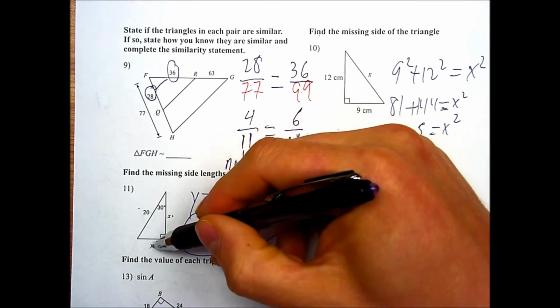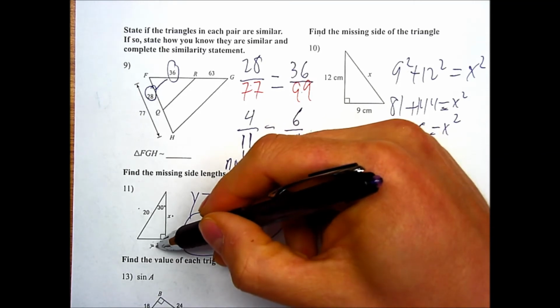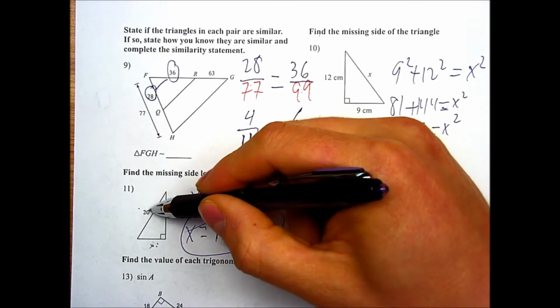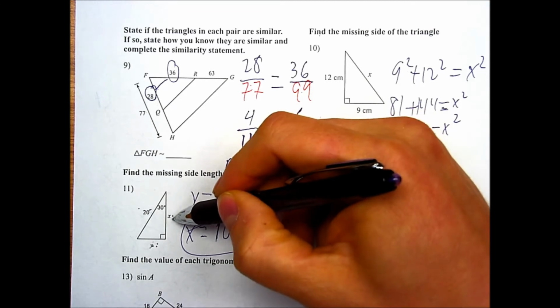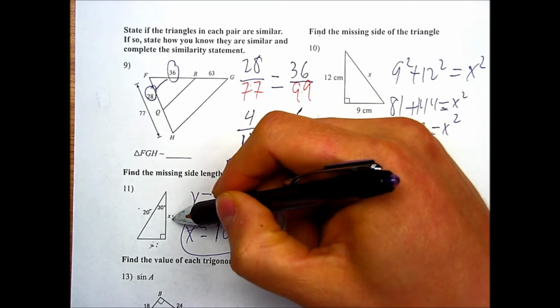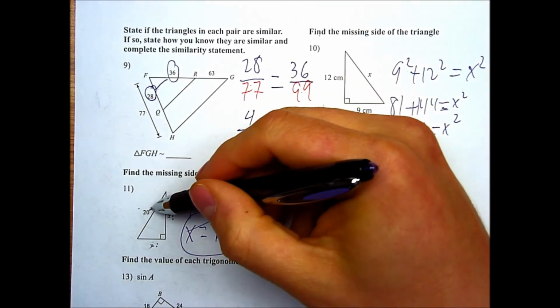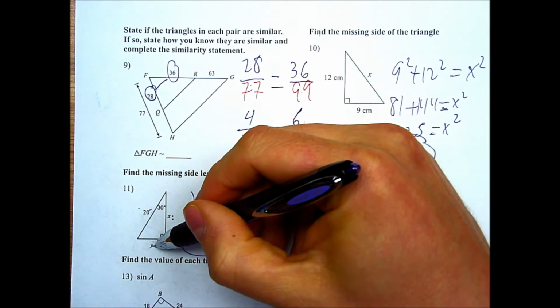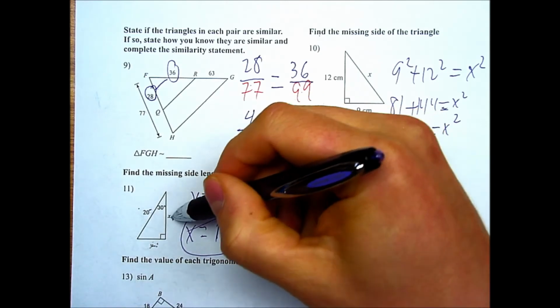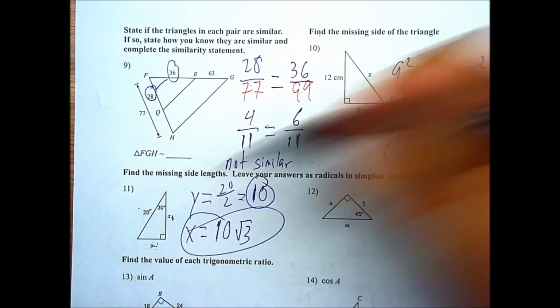In other words, 1 is the base length. We double it to get the hypotenuse, and we times it by the square root of 3 to get the other leg here. And it works backwards as well. If I give you the hypotenuse, you divide it by 2 to get the short length. If I give you the longer leg, you divide it by the square root of 3 to get the short length.